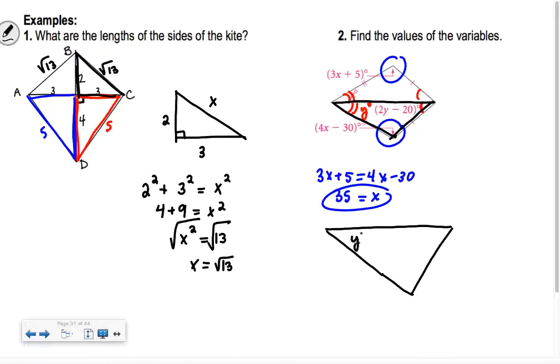So we have y, we have 2y minus 20, and we have 4x minus 30. Well, x was 35. So if I do 4x minus 30 and I plug in x is 35, I get 140 minus 30, which is 110. So we have 110 degrees in here.